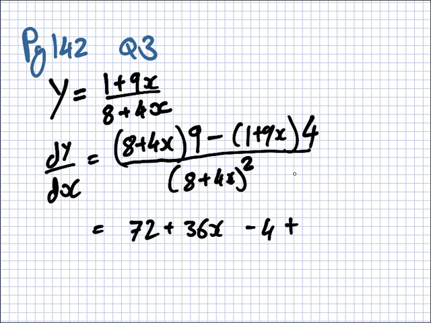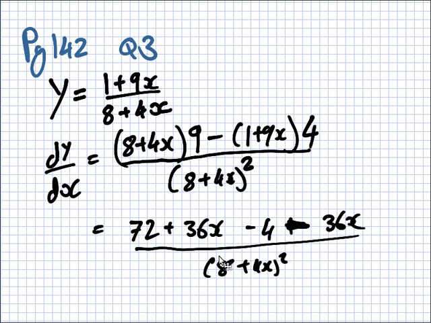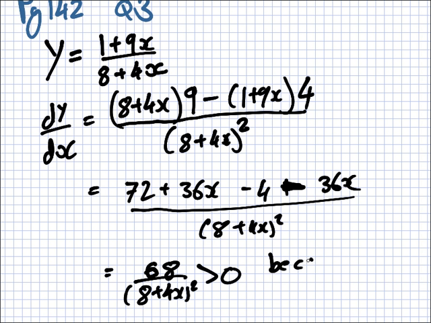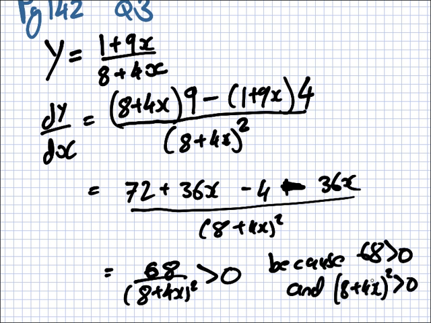So that's minus 4 minus 36x over 8 plus 4x squared. And that's equal to 68 over 8 plus 4x squared. And that's positive because 68 is positive, and 8 plus 4x squared is positive.